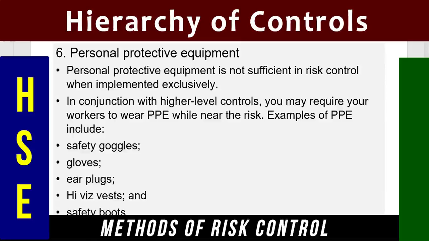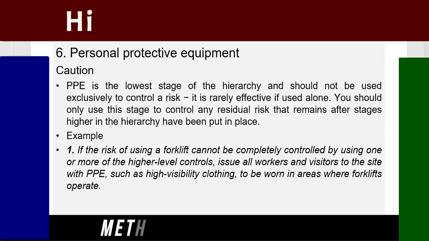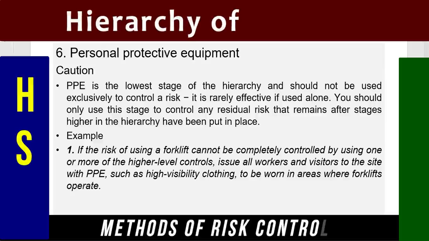Examples of PPE include safety goggles, gloves, earplugs, high vis vests, and safety boots, etc. Here you have to remember PPE is the lowest stage of the hierarchy and should not be used exclusively to control a risk. It is rarely effective if used alone.